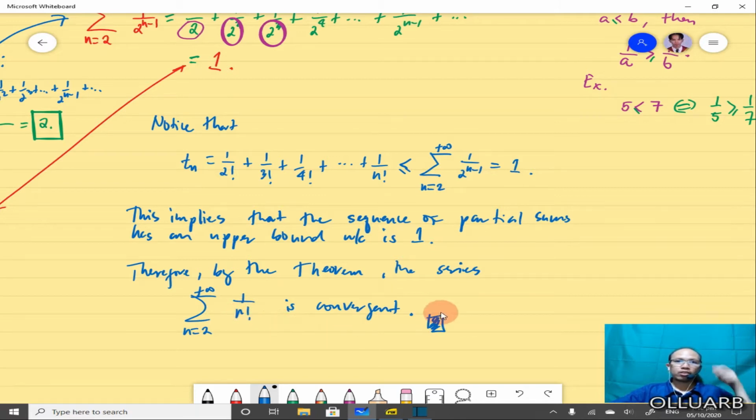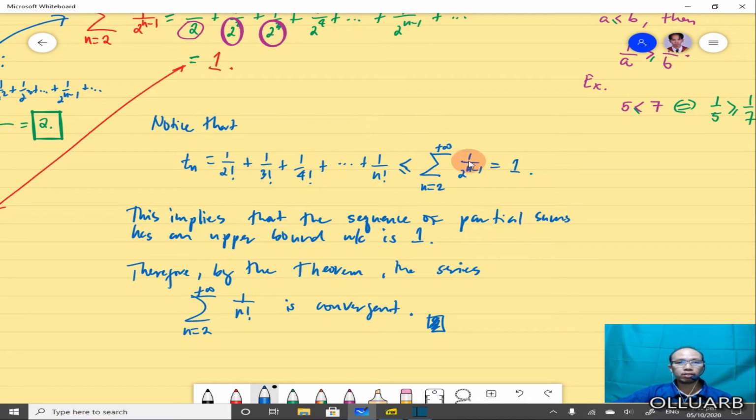Okay, so what have we noticed here is that the given series that we are going to show is a convergent series, we compare it to a known series which is convergent.